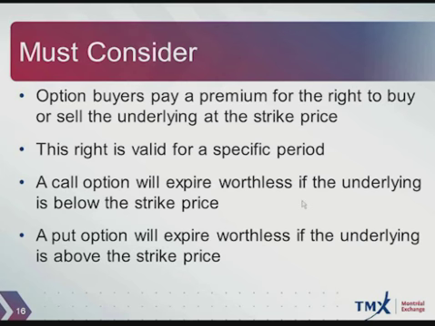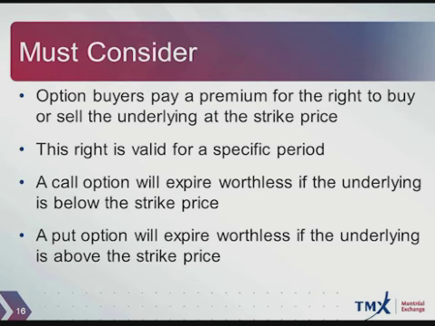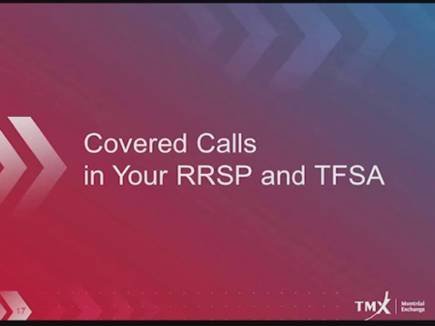Again, all of the time value will have disappeared. There's no intrinsic value on that option contract, so the option expires worthless, and it's an absolute loss to the option buyer. Now, I don't want to intimidate anybody by that, but it's very important that we understand this is a consideration when we are looking at utilizing options as a stock replacement strategy.